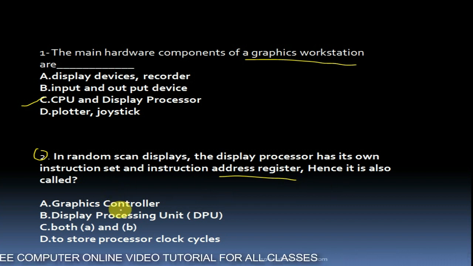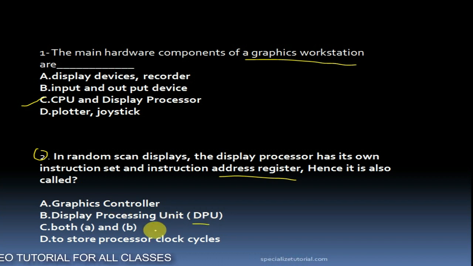B: display processing unit, DPU. Both A and B, and D: to store processor clock cycles. Basically it will be the graphic controller and display processing unit, DPU. So both A and B are the right answer.